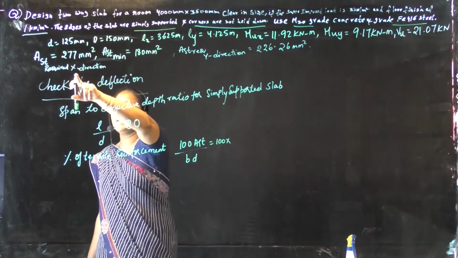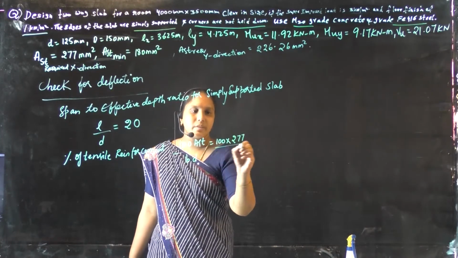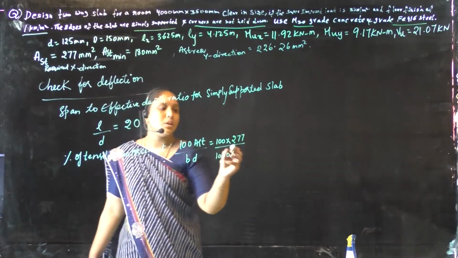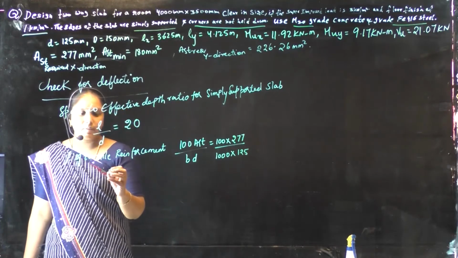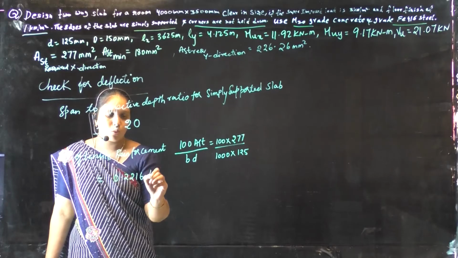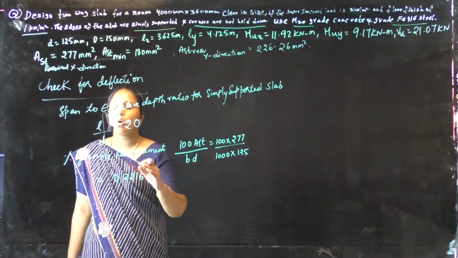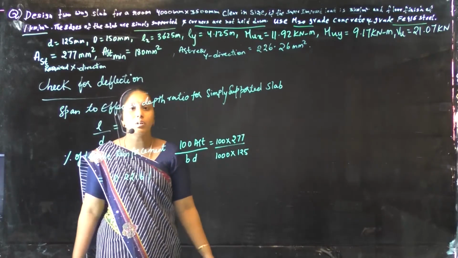Ast provided in the x direction is 277, divided by B, which is 1000, and D, the effective depth, which is 125 mm. If you solve this, you will get a value of 0.2216%. This is the percentage of tensile reinforcement you are going to get.